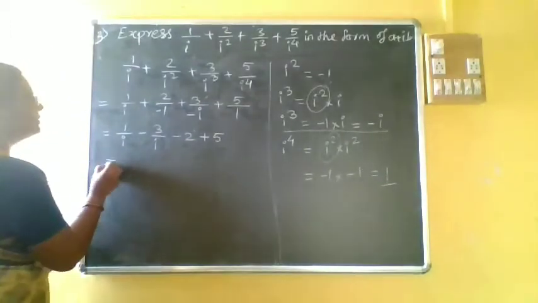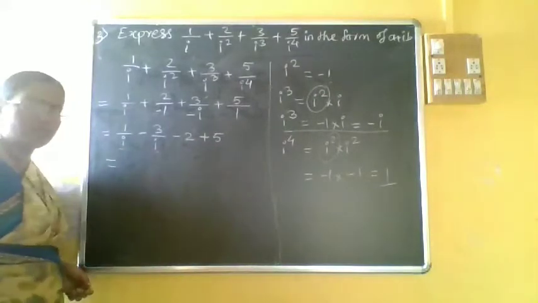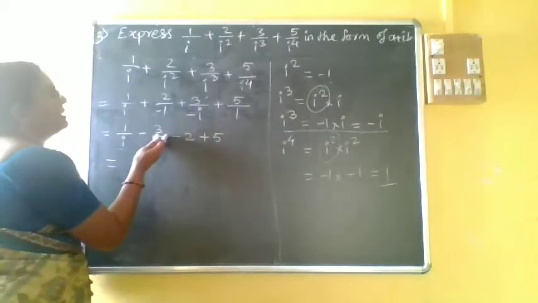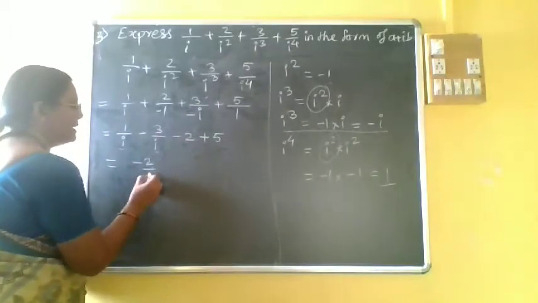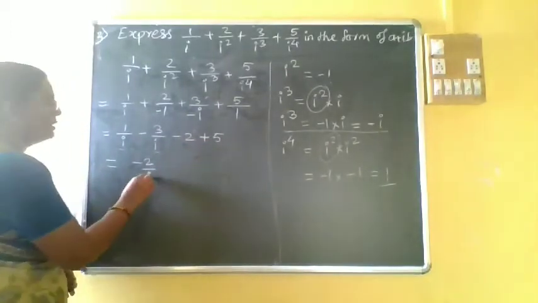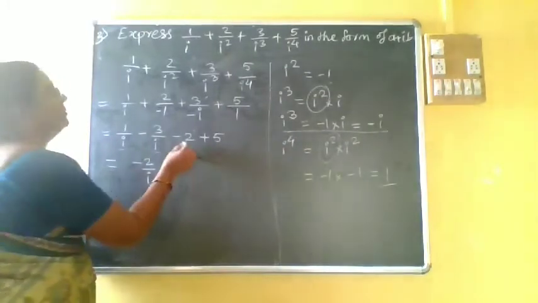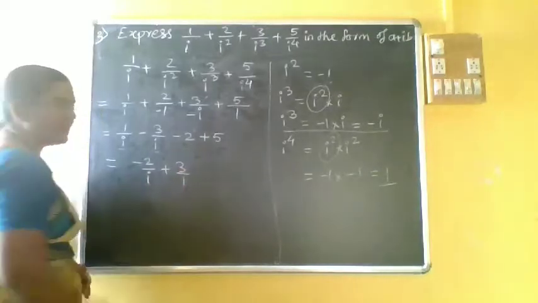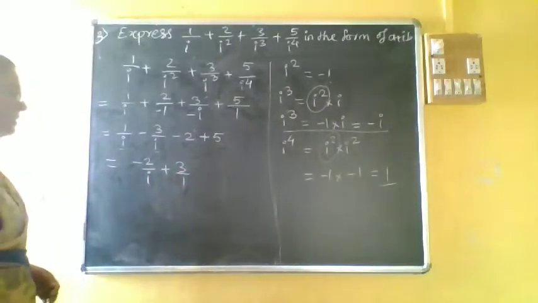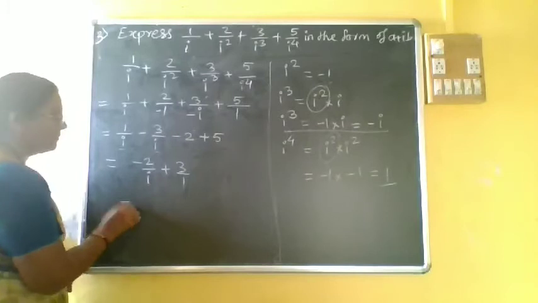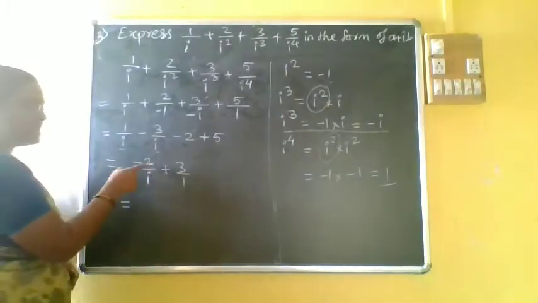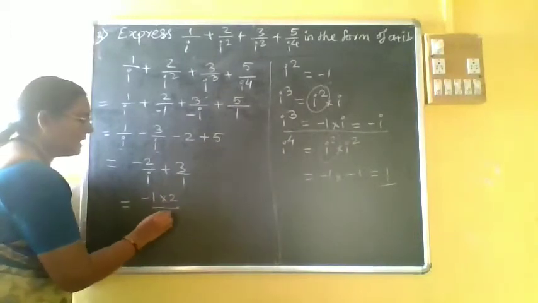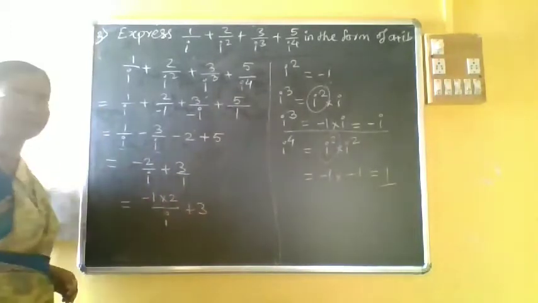That is equal to, the denominators of these two being the same, 1 minus 3 becomes minus 2 divided by i, then minus 2 plus 5 becomes plus 3. Then we have to write this minus 2 as minus 1 into 2 divided by i, and plus 3.